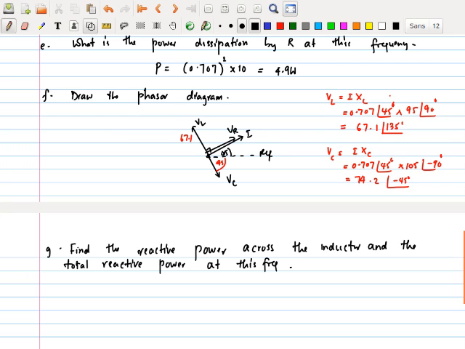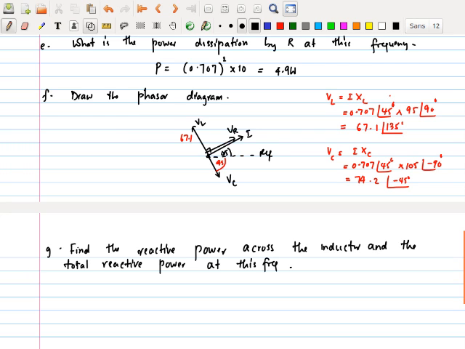The first was, if you want to find the reactive power, you have to find V times I times what? Sine of the angle between those two. That's the first method. What is the second method? You can also use the equation I squared times XL.